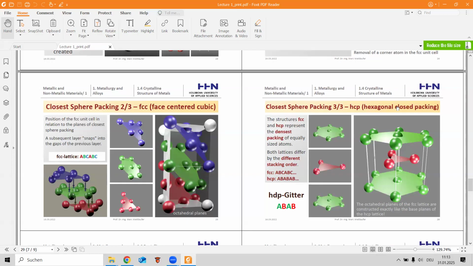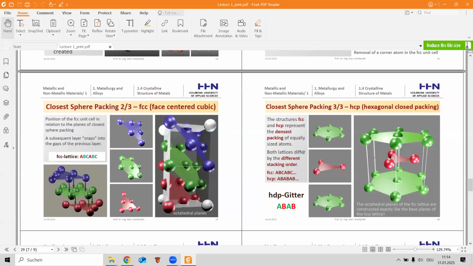And we have a third type, HCP, hexagonal close packing. The face-centered cubic and hexagonal close packing structures represent the densest packing of equally sized atoms.